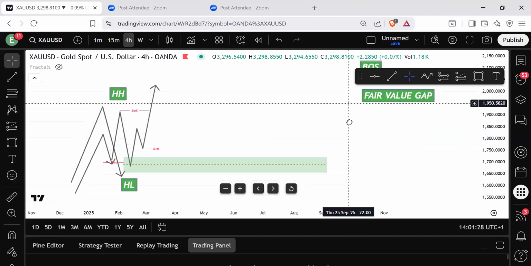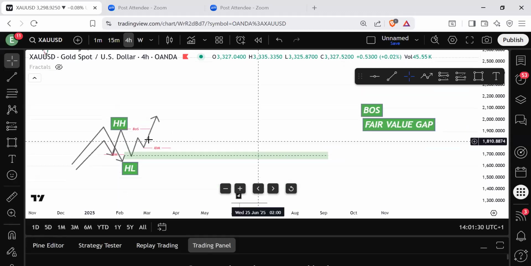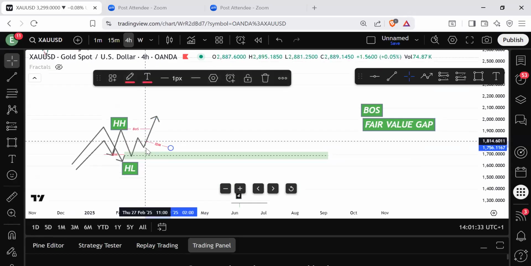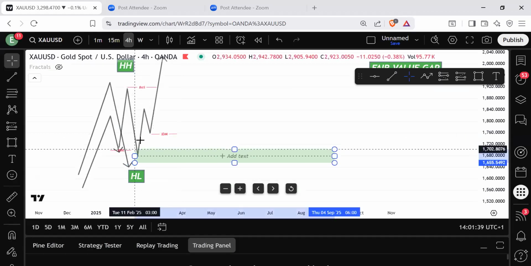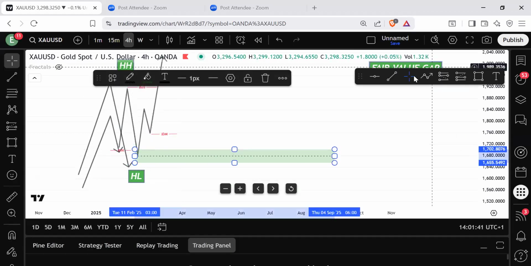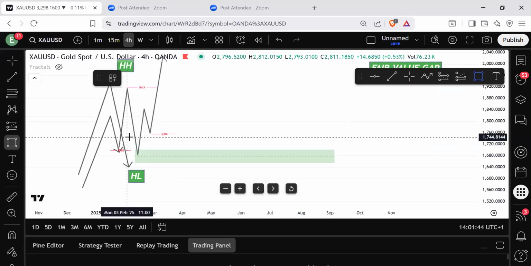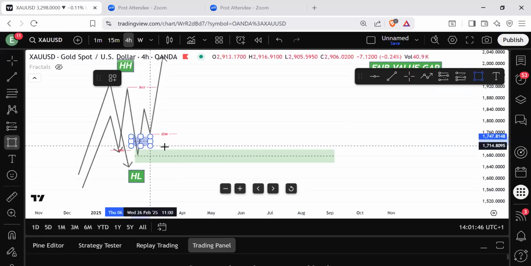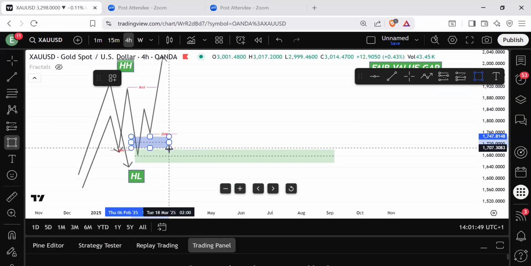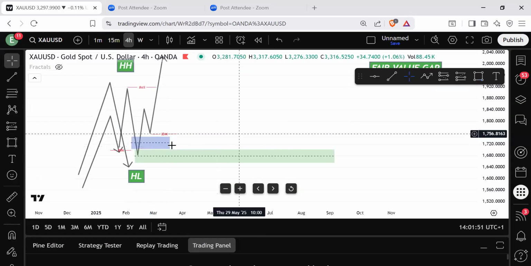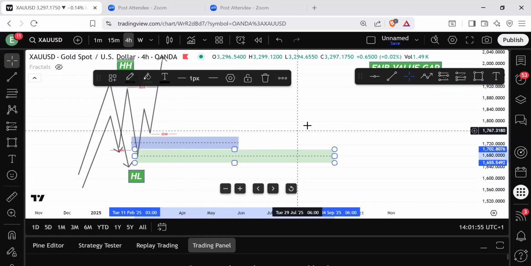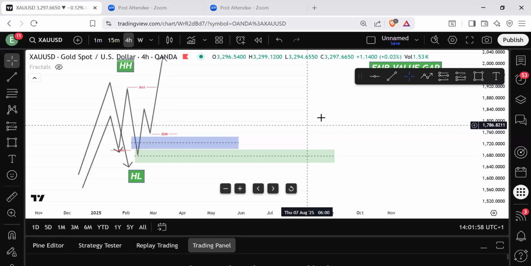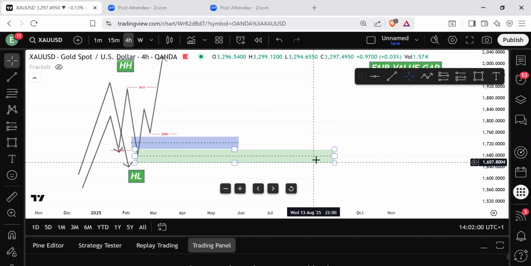So we want to be sure that between this inducement and this, there must be a gap here.